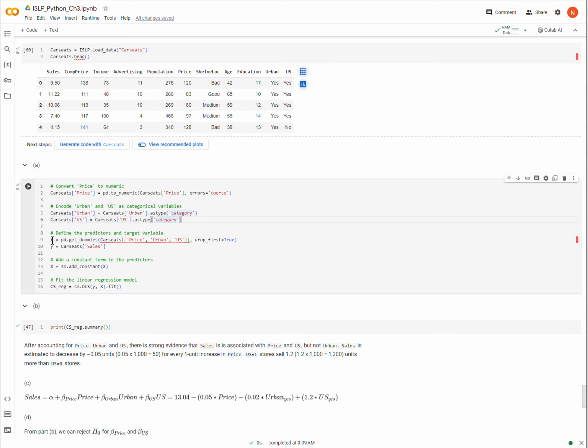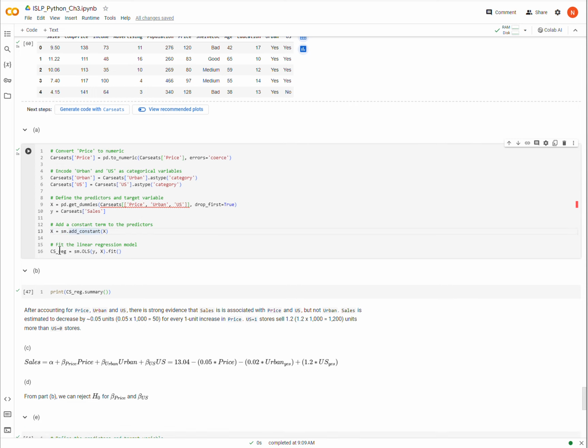Then I'm going to create my X, my design matrix. This is what I'm going to regress on. What am I regressing? I'm regressing Y, which is car seat sales. Then to my X matrix, I need to add a constant so that the model will also estimate the intercept. And I create my model right here, and that's all it's asking us to do. Okay, so I've run that.